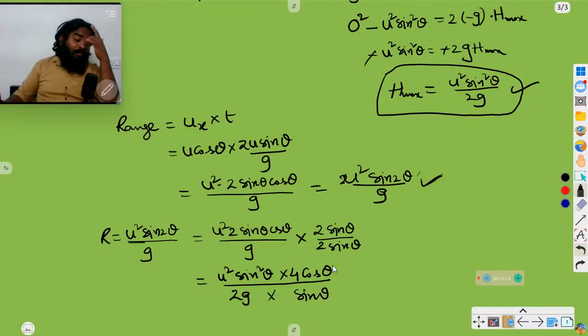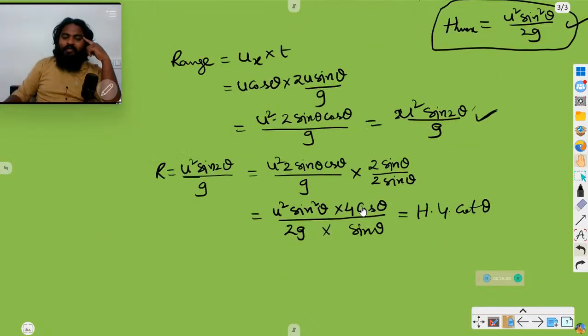Now I can write this u square sin square theta by 2g as h max, so h into 4 cot theta. So finally, range is equal to 4h cot theta.